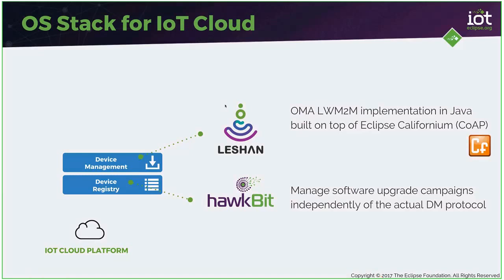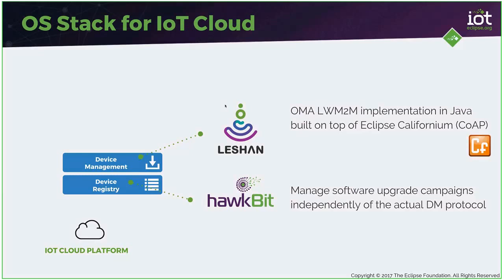But Hawkbit is really more about describing the different scenarios for your upgrade campaigns, things like, I have 1 million cars for which I need to update the software. I certainly don't want to push 500 megabytes worth of firmware to my 1 million cars at the very same time.